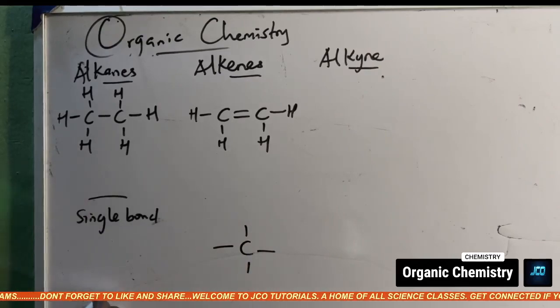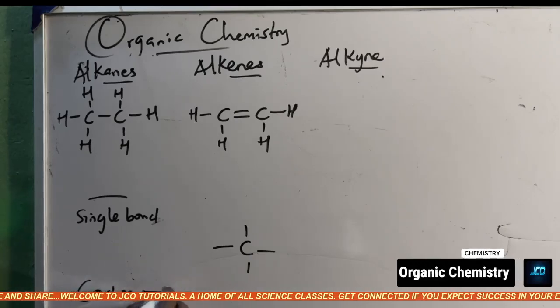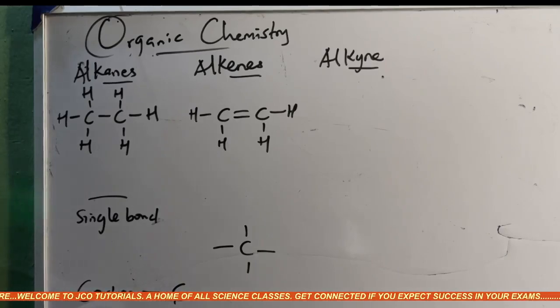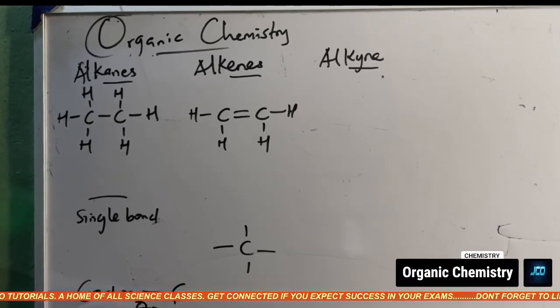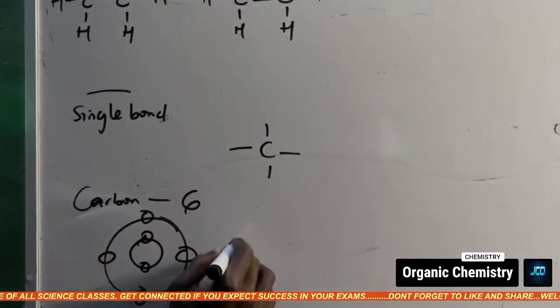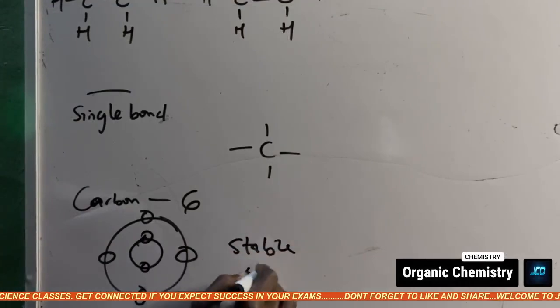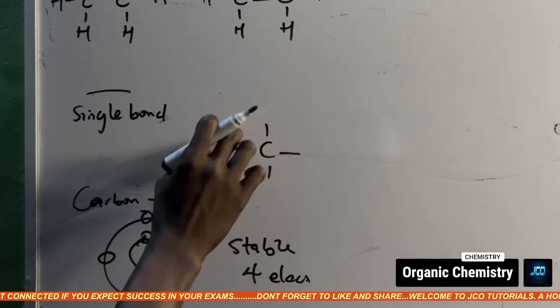Remember your sequence: hydrogen, helium, lithium, beryllium, boron, carbon. Carbon is atomic number 6. If you draw your structure, you notice that it needs 4 electrons for it to be stable. So carbon must always form with 4 of the lines.